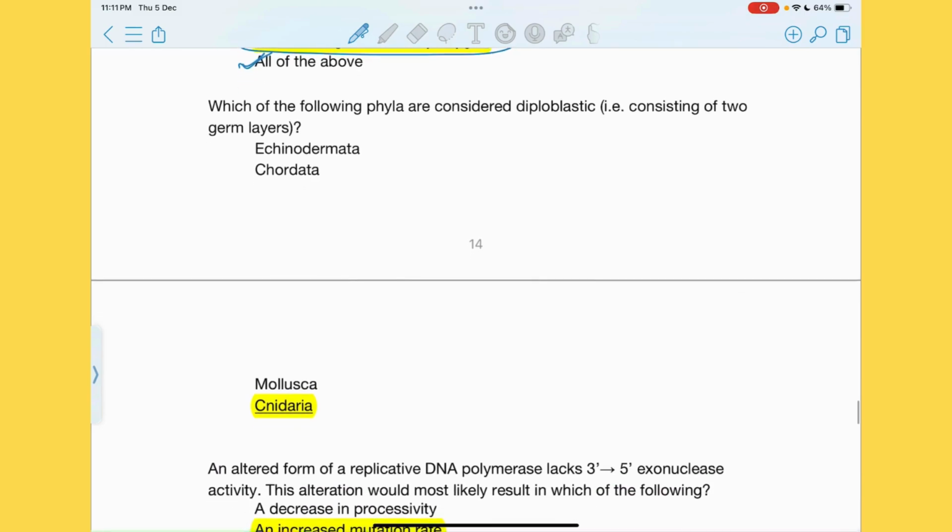Next question says, which of the following phyla are considered diploblastic, consisting of 2 germ layers? Echinodermata are triploblastic. The examples are sea urchins, sea stars. Chordata are triploblastic. Examples are vertebrates.